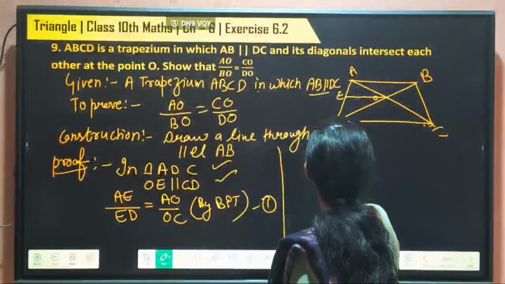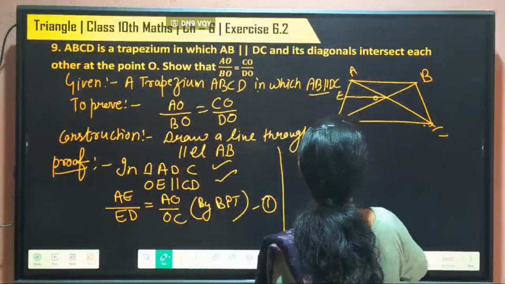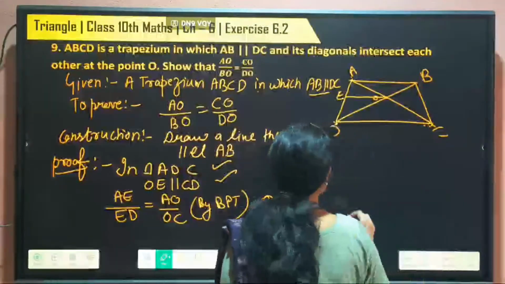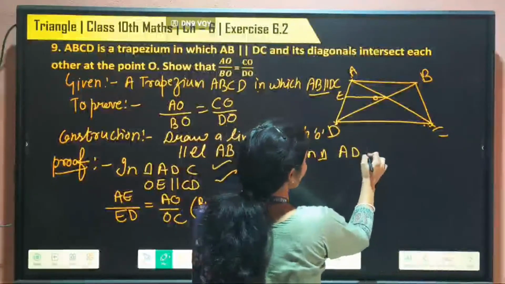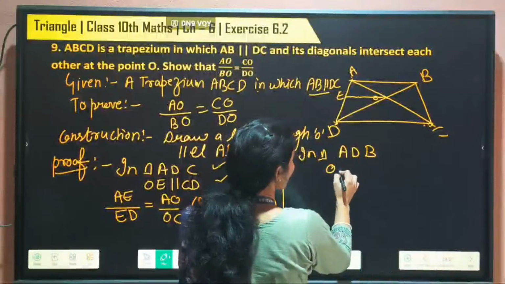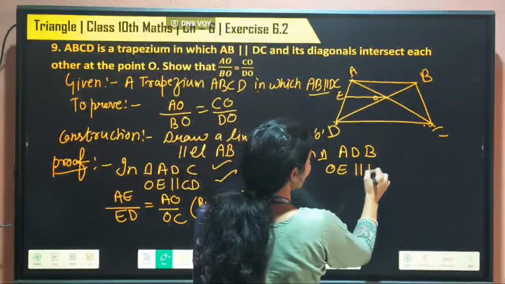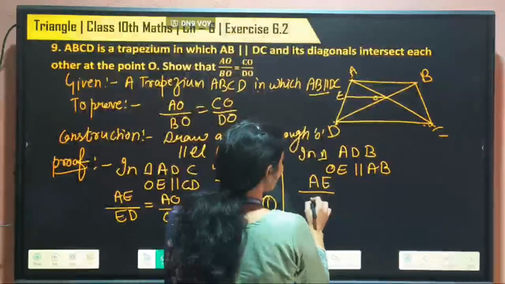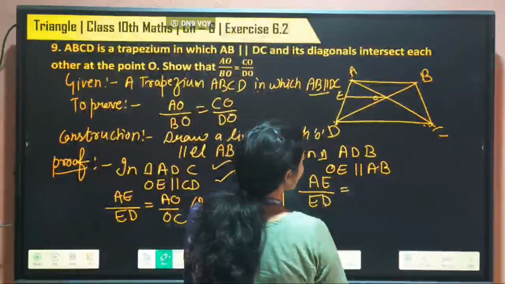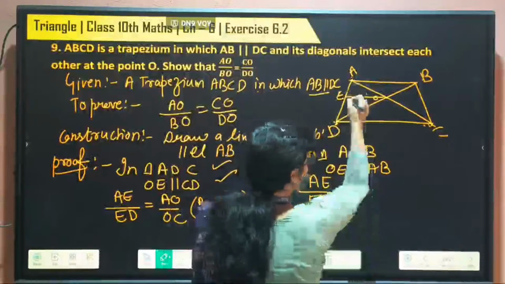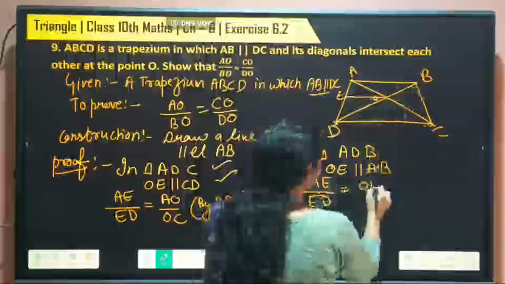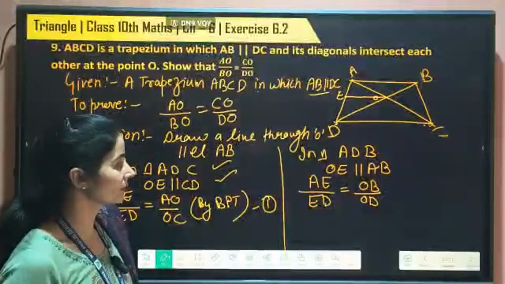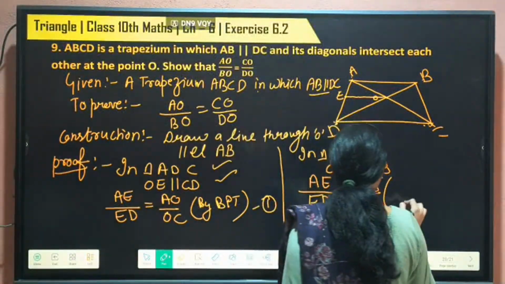Similarly, in triangle ADB, this OE is parallel to AB. Then I can write AE by ED equals to OB by OD, by BPT theorem.